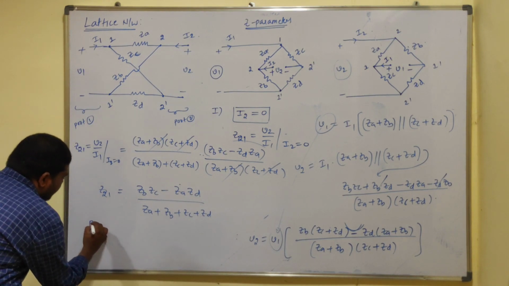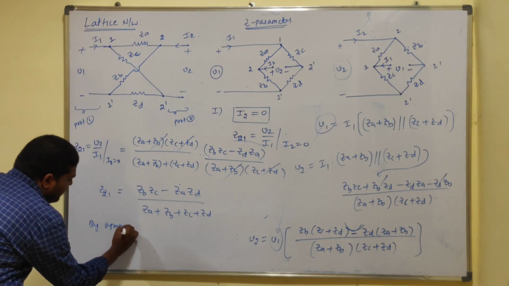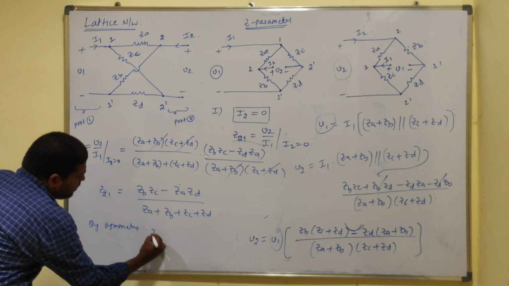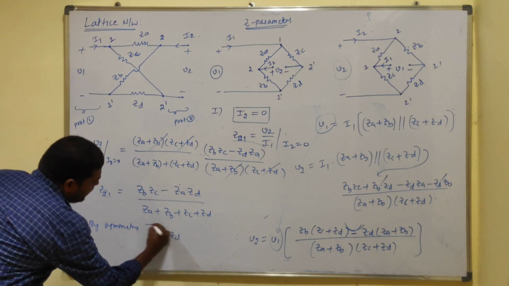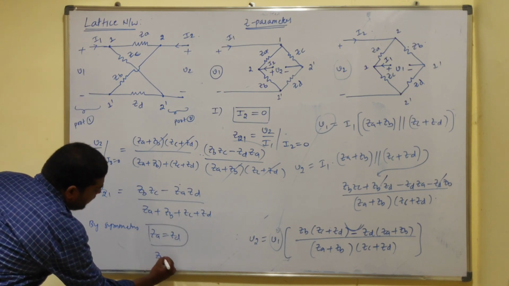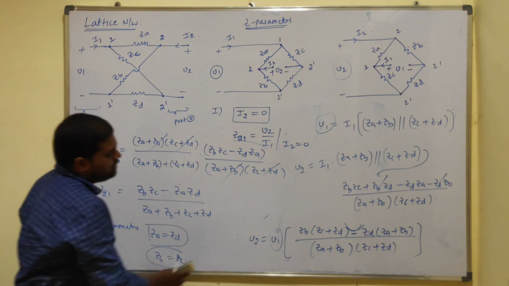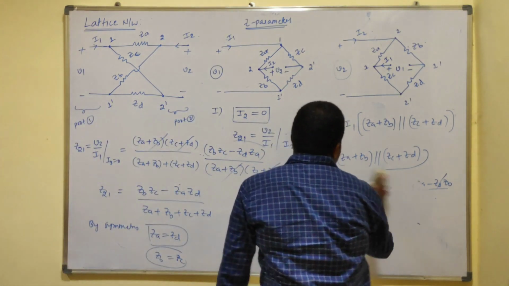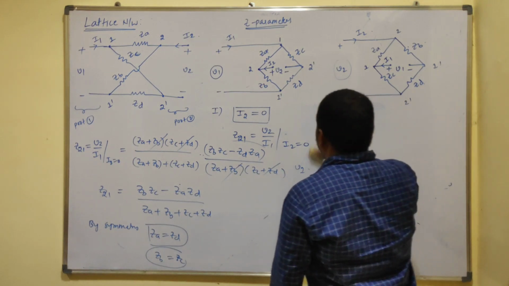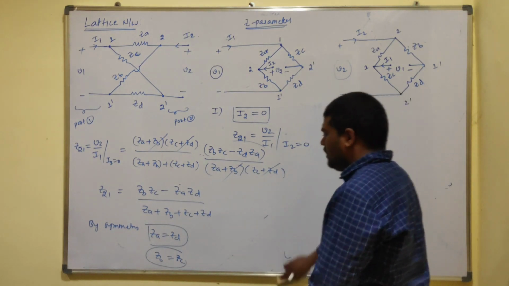By symmetry, here we have ZA equals ZD and ZB equals ZC. So you can replace these two values in the expression.